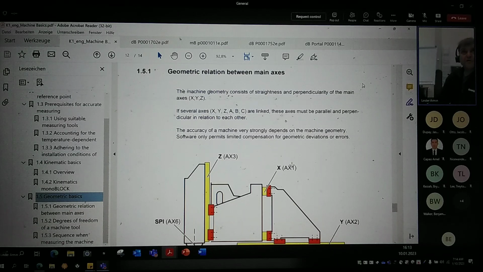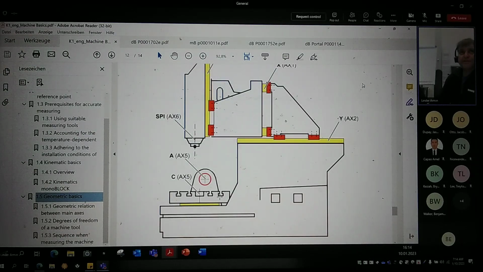From my experience on the AG side, mostly, I'd say 80% of the machines, the basis is the table. The table means a swivel round table in that case.